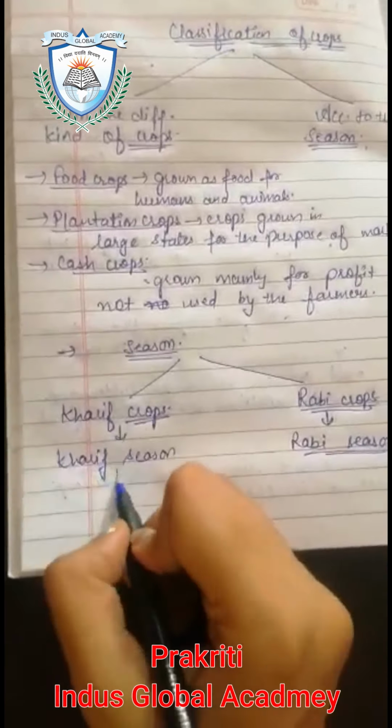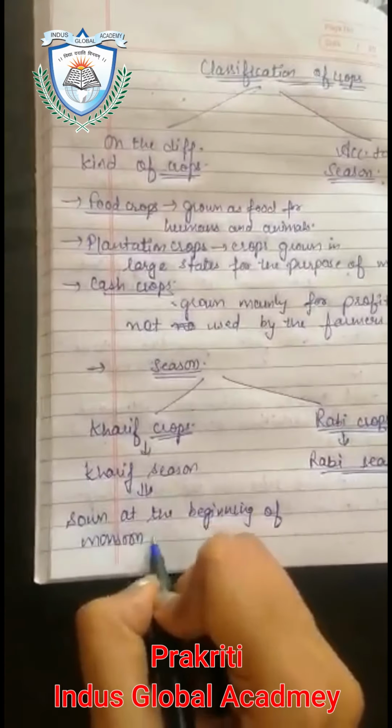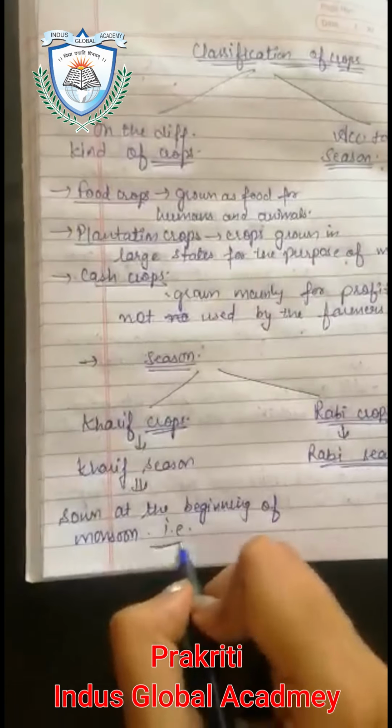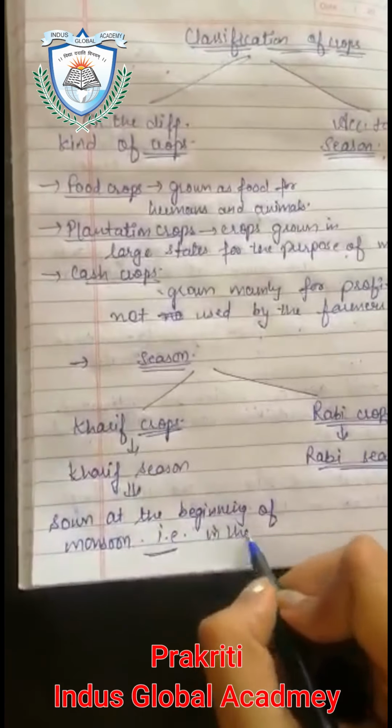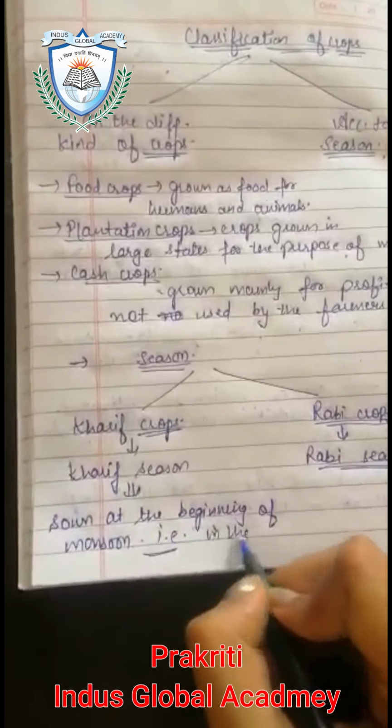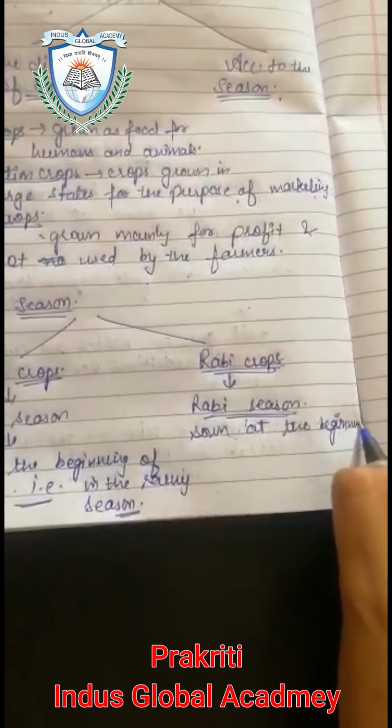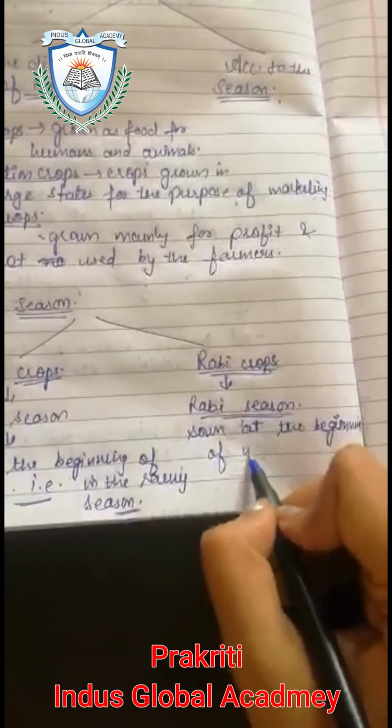Those crops which are sown at the beginning of monsoon, that is, grown in the rainy season. Right? And what are rabi crops? Sown at the beginning of winter season.